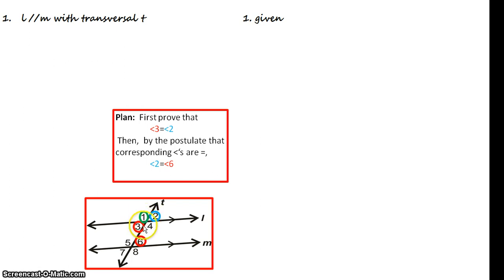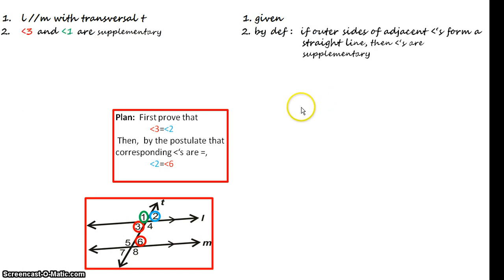Let's start by stating their relationship. We'll say that angle 3 is supplementary to angle 1. How do we know that? By the definition of supplementary angles.